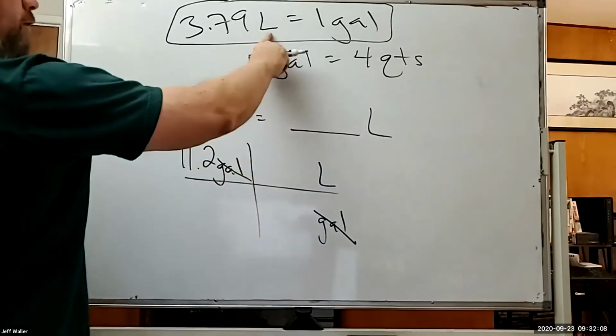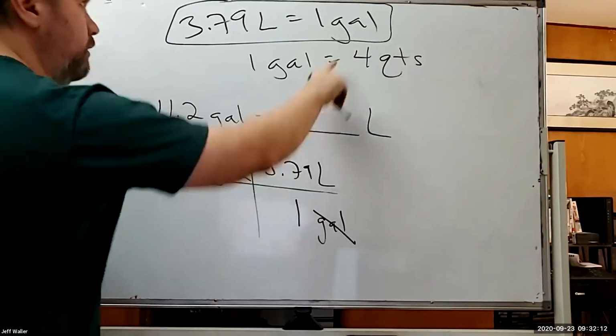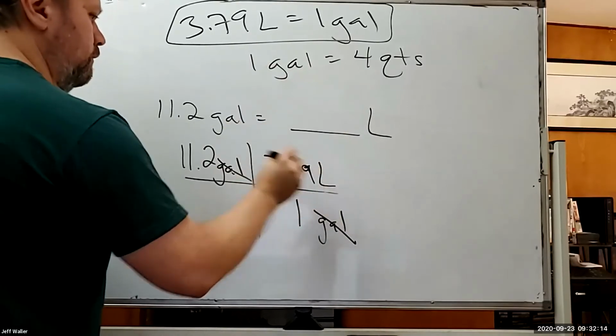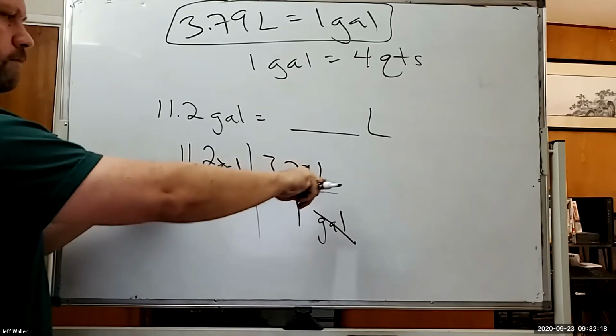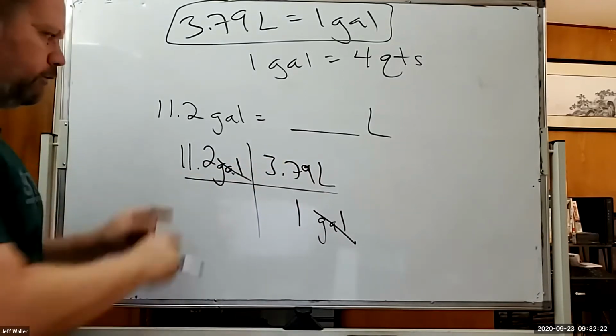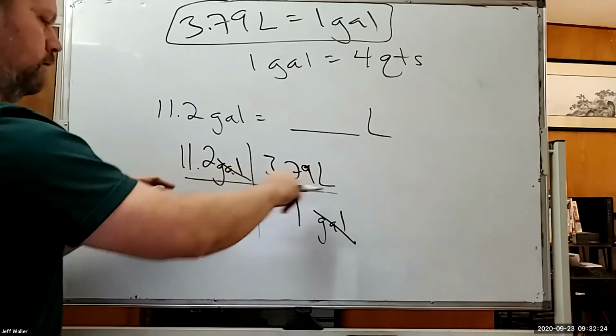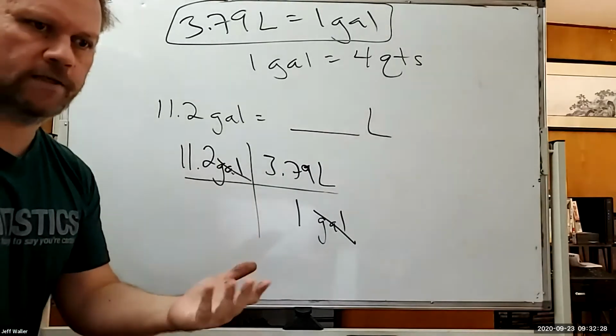Up here, because it's liters. 3.79 of these is one of those. And now I know what to do. What do I do with these? Multiply them. Kick ass, right?